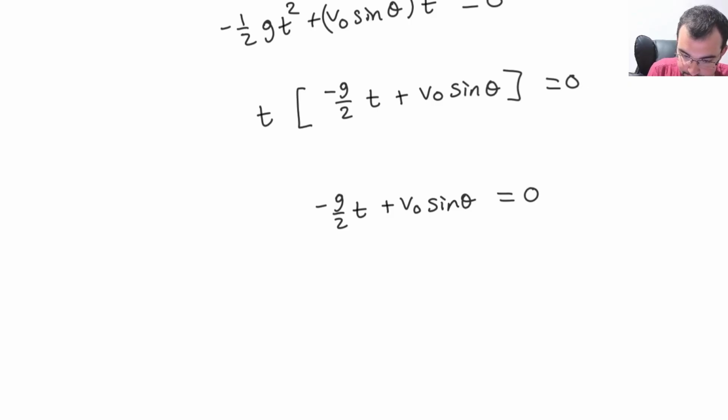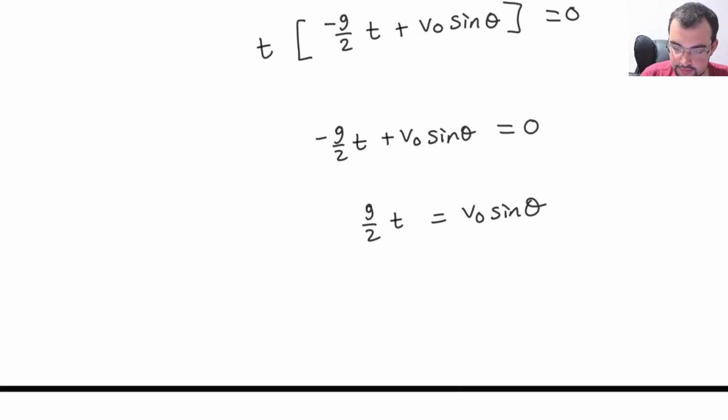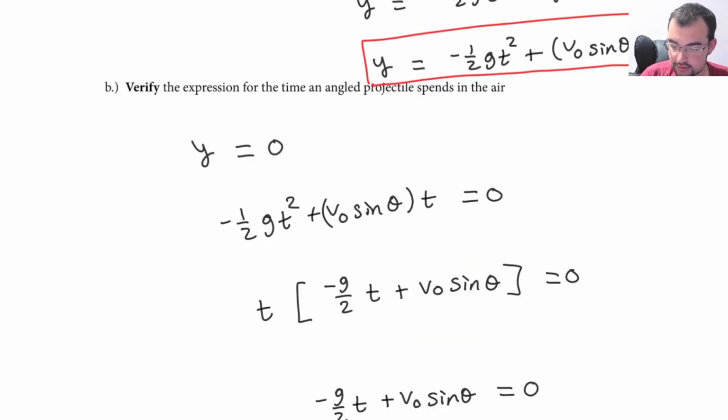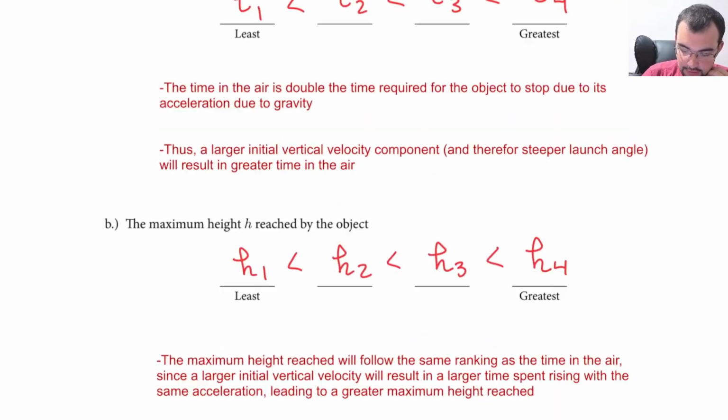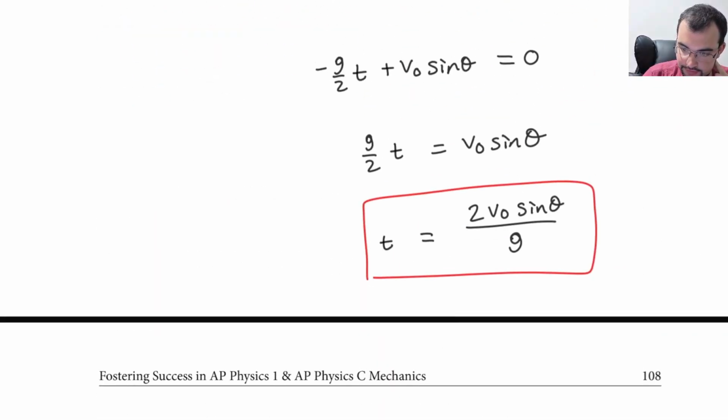So g over 2 t is equal to v0 sine theta, or t is equal to, multiply by 2, divide by g, 2 v0 sine theta over g. And if we go up and check, 2 v0 sine theta over g, that's exactly what we wanted.